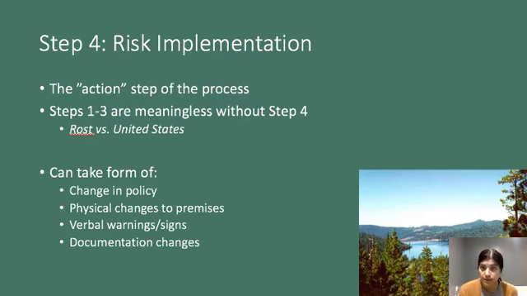And we find out in the case that the staff at the national park was well aware of this equipment and that it was sticking out and that it was a problem area and certainly a risk. And they'd even documented this, but they had just never taken any action steps to remove or reduce that risk. So that's a great example of where all the other steps were in place, but because the implementation piece was missing, someone still got hurt, and the rest of it was all pretty meaningless. And of course, they end up getting sued.